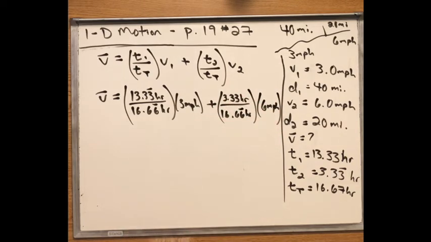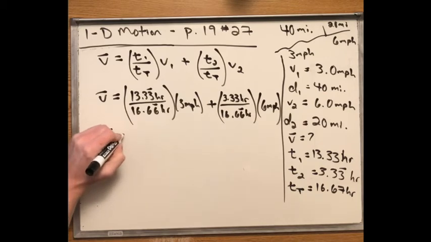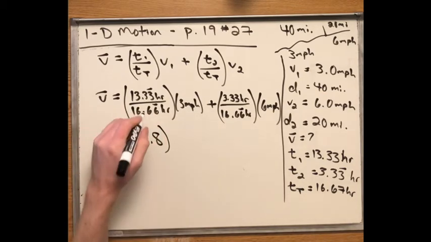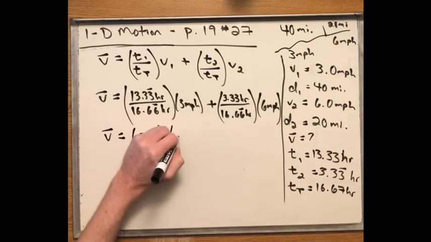Now, as it turns out, if you put in your calculator just like 13.333333, like a bunch of threes, and you put 16.6666 and a bunch of sixes, and you divide those two numbers, what you actually get is an easy, clean number. It's 0.8. They spend 80% of the time at 3 miles an hour.